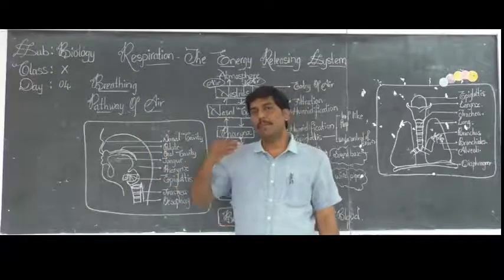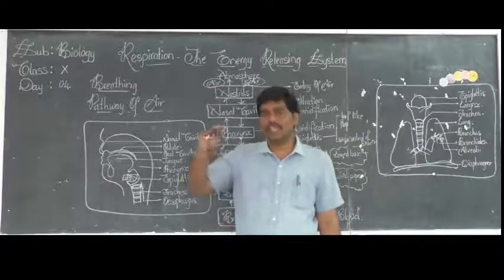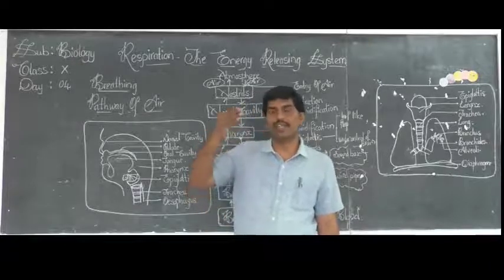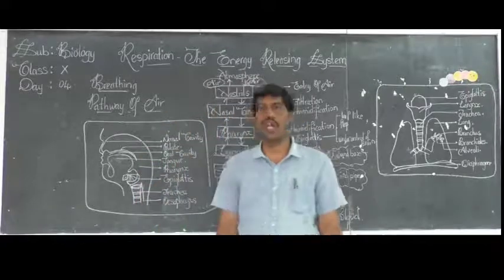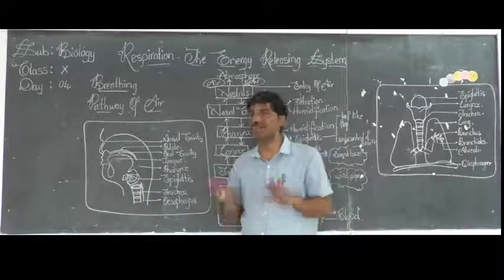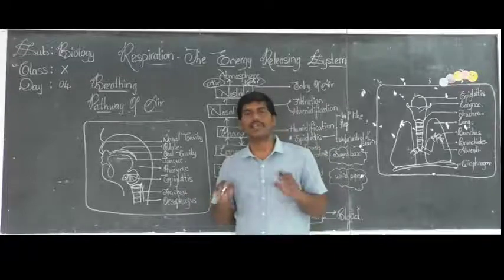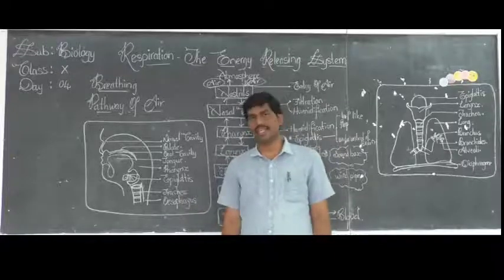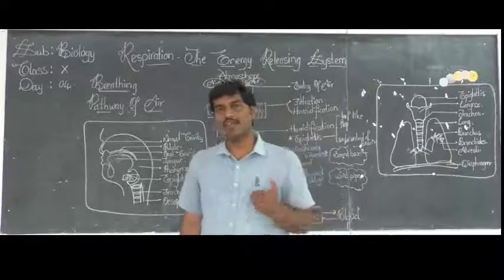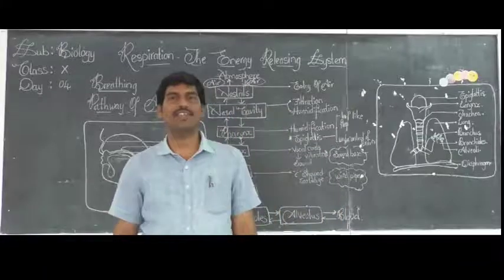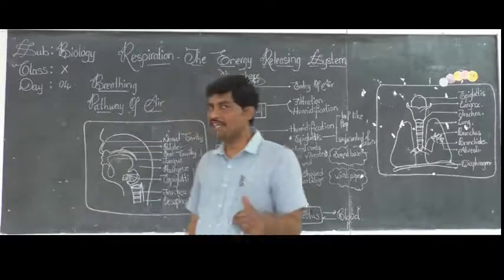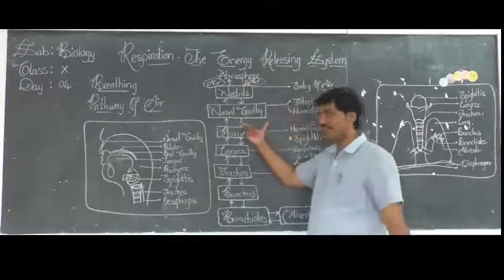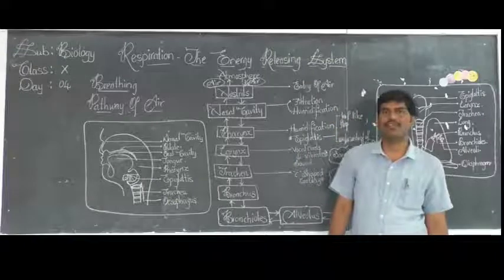In order to make them survive, the air which is at other than our body temperature is adjusted to our body temperature in order to protect the inner linings of our respiratory tract. The air entering into the nasal cavity also takes up some moisture.